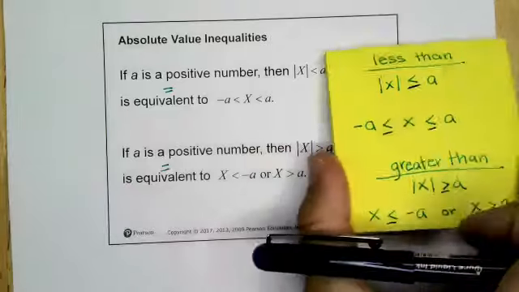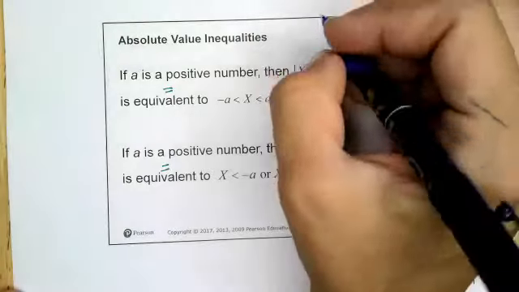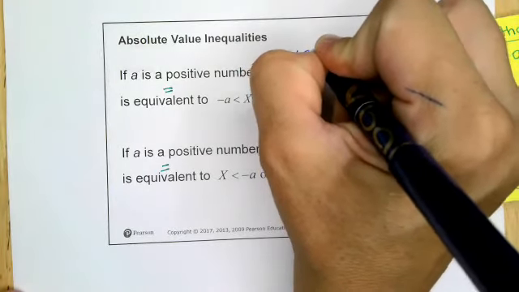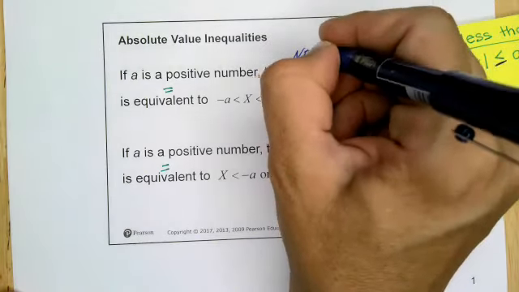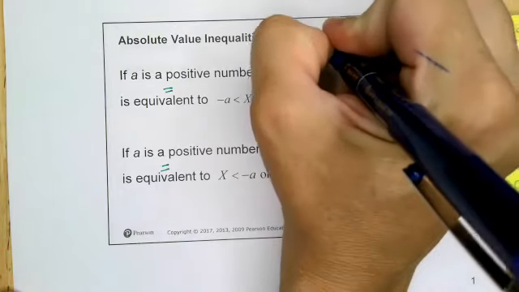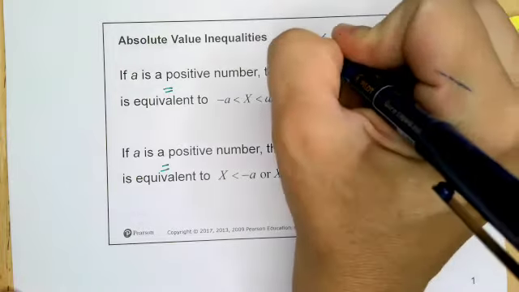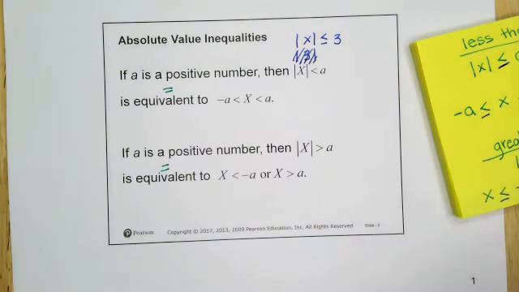Let's think about this, the less than rule. Let's say the absolute value of x is less than or equal to 3. Think about every value I could substitute in for x, take the absolute value of, and get a number that's less than 3.